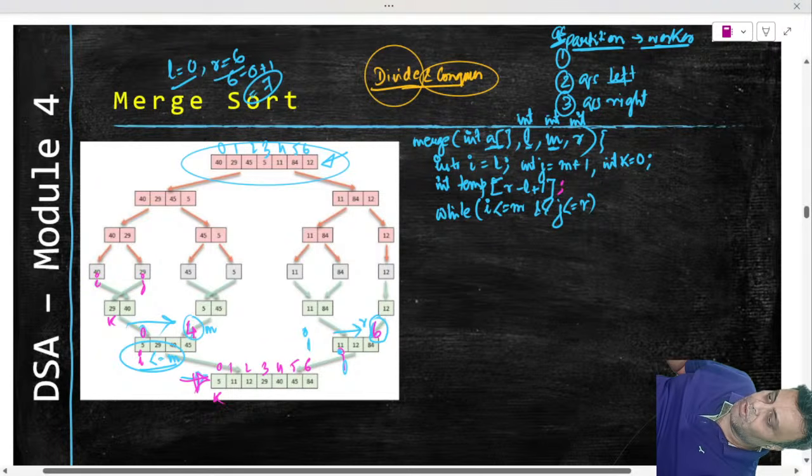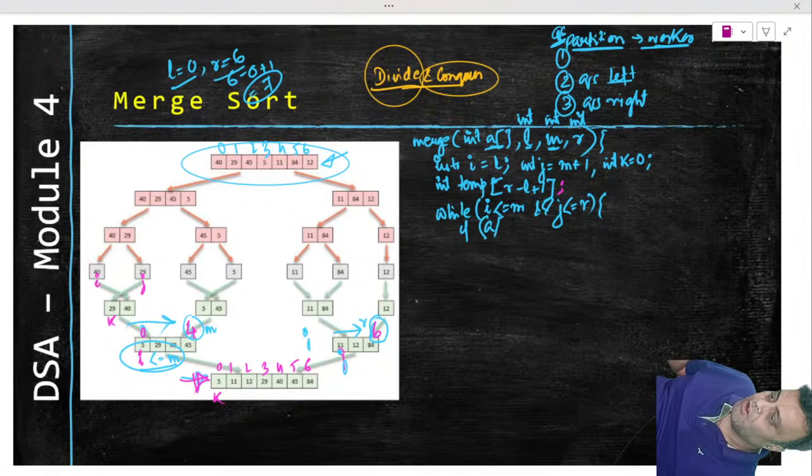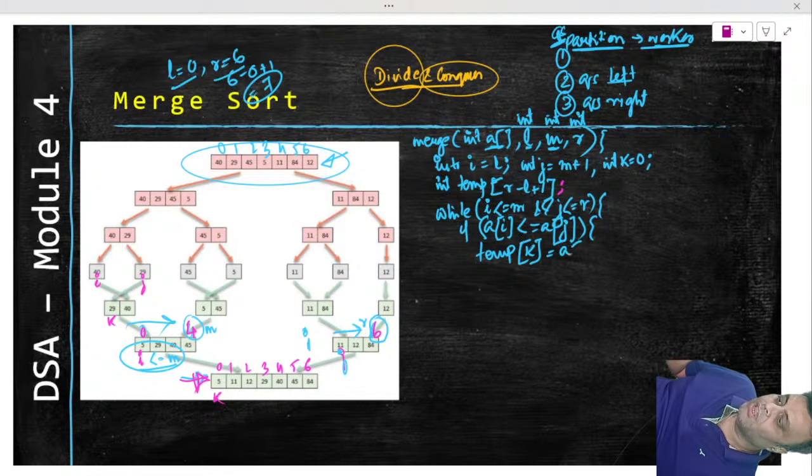In this loop, I will say that if A of I is less than or equal to A of J, somewhere you have to put the equal to, and you can put it on the left side, which is okay, then temp of K will get A of I. A of I was 5, which was less than 11, therefore I will put 5 here, right?